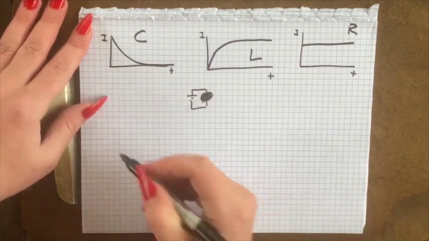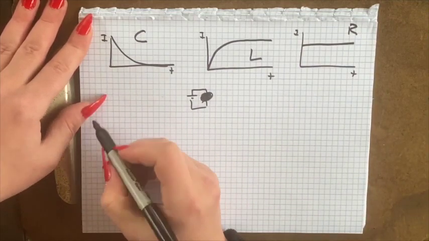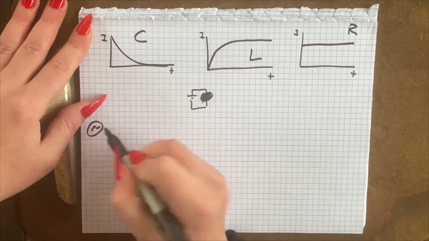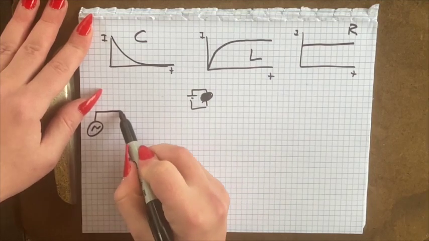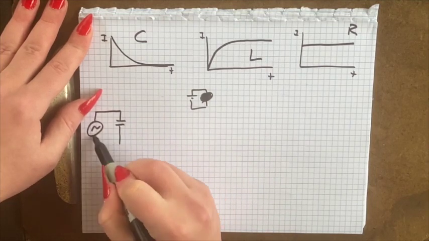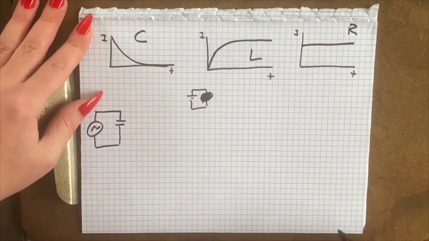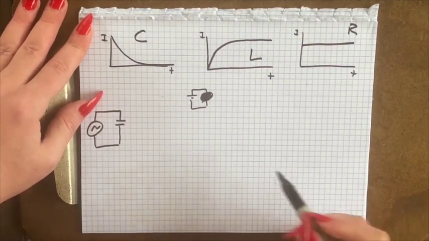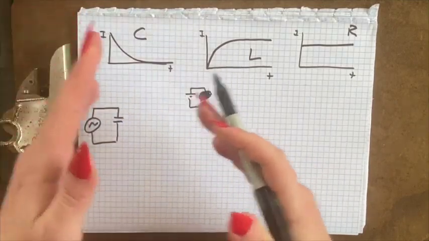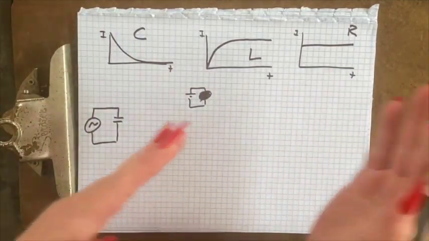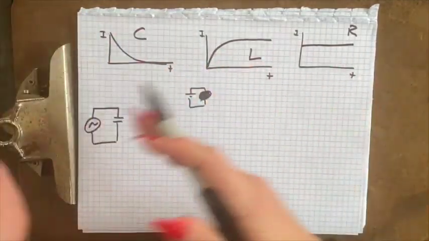I want to ask ourselves what happens if we drive these things at some kind of frequency. So instead of being on a battery, now I'll connect them to maybe an AC voltage. Remember, that comes out, it pushes the voltage and current one way, and then it pulls it back and it oscillates back and forth.